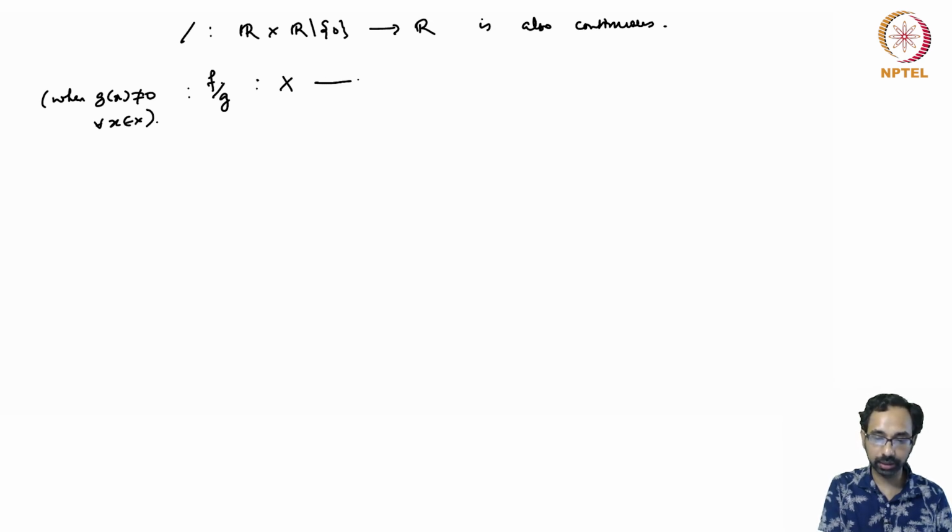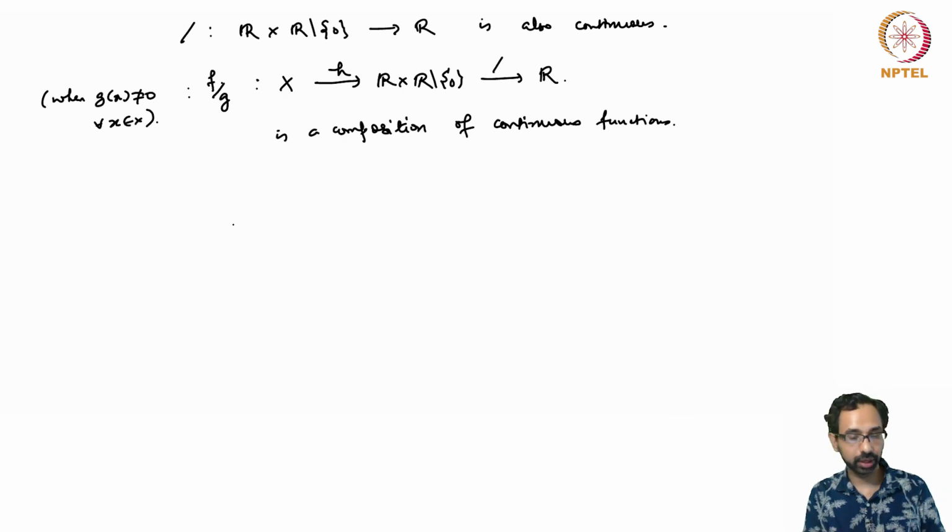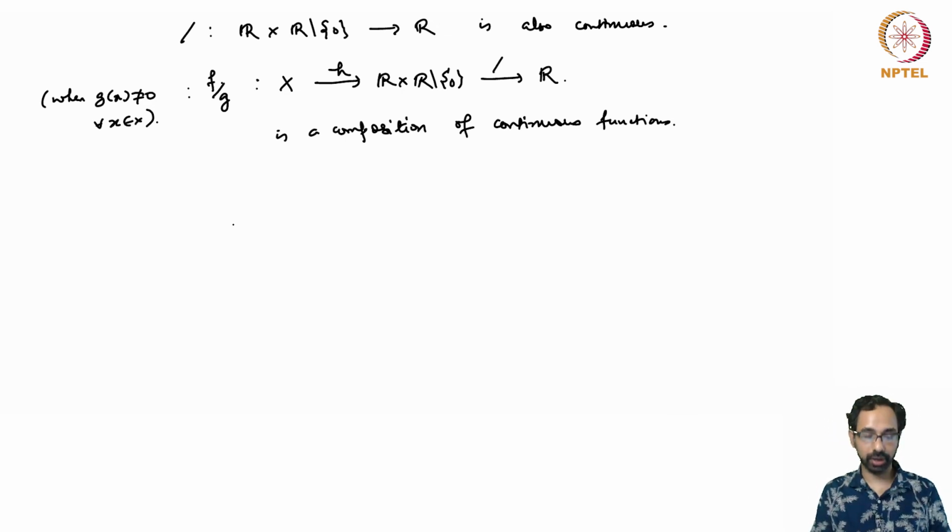You take x, then you apply h again, now from X to R cross R minus 0 because g is never 0, and then you apply this division operation to R, and so f by g is also a composition of continuous functions. So this is a continuous function. So this concludes the proof of our theorem.